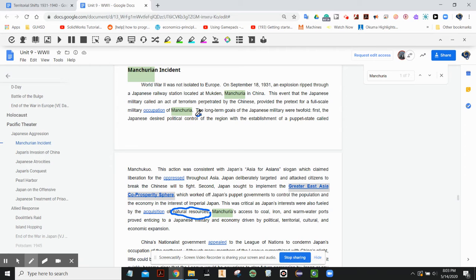So is political control and cultural control. Asia for Asians. You have that same slogan again. Hitler wanted Germany to expand into the Third Reich for Germans. You get this concept throughout this period of time with the Axis powers. So we are going to be seeing a pattern as we build this.